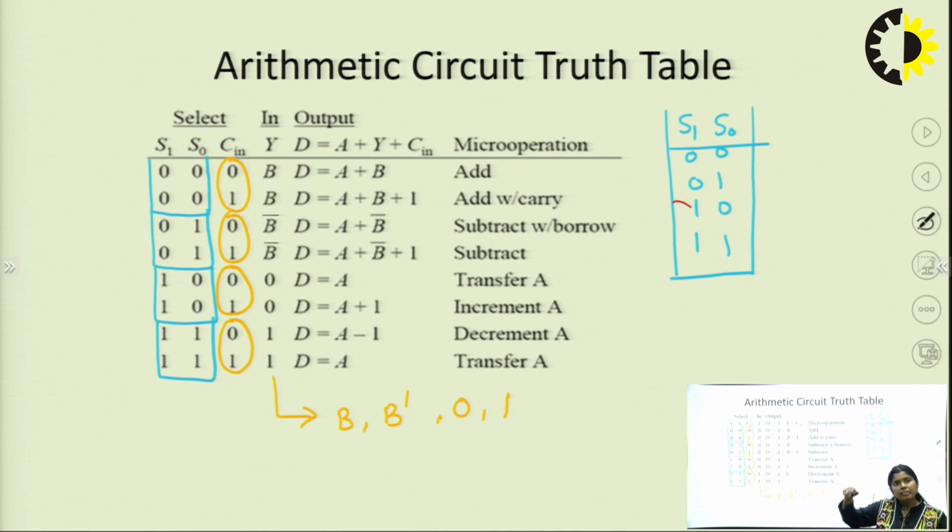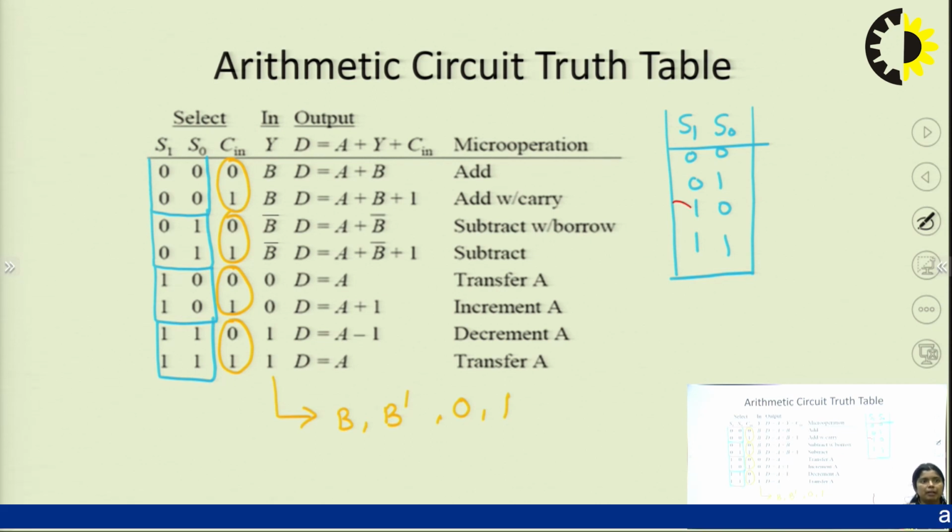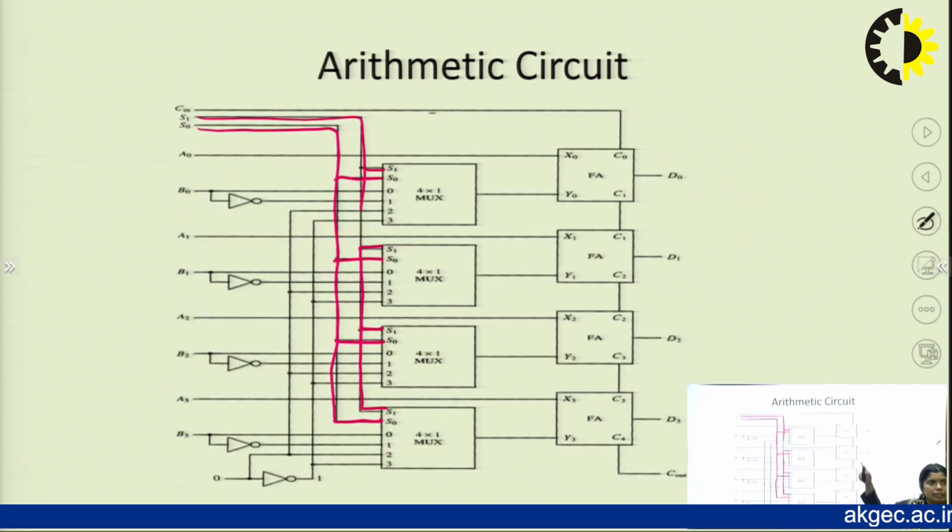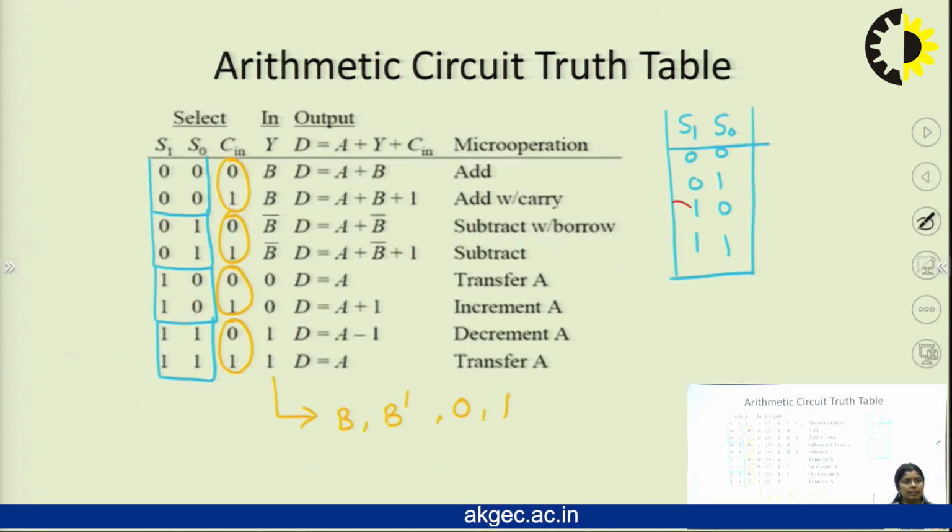Because the C input value is 0 or 1 two times, B is again repeated. Now the output is considered as D equal to A plus Y plus C input. So this is the output of the arithmetic circuit.